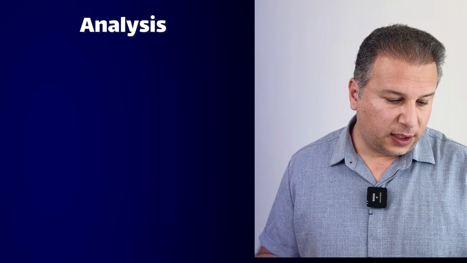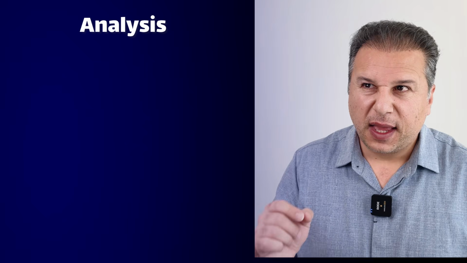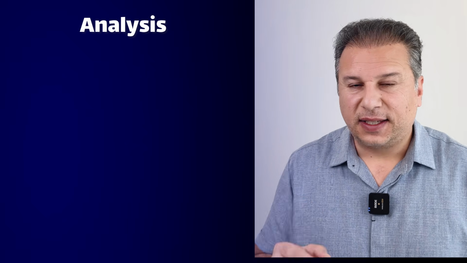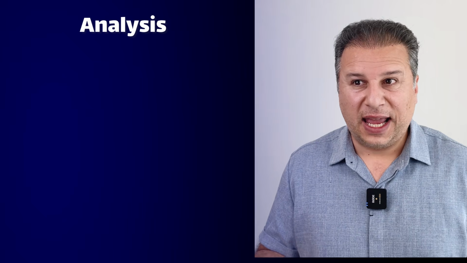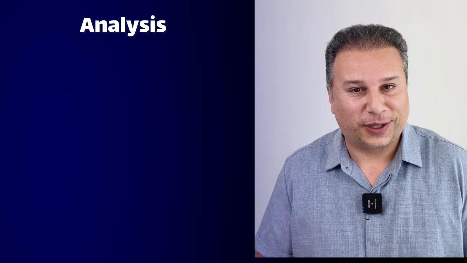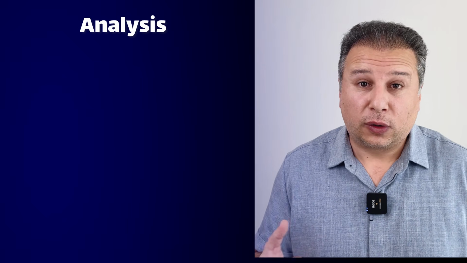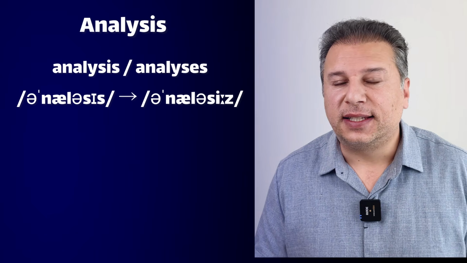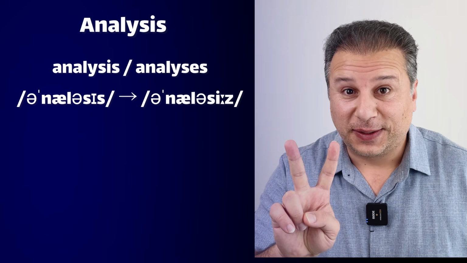Number nine, look at this one, it's different. The first one over this one is analysis. So the end is sis, analysis. Now, what is the plural form? We can't add s, analysis is. That's hard to pronounce. So analysis, the plural form is analyses. Analysis, analyses. Okay?